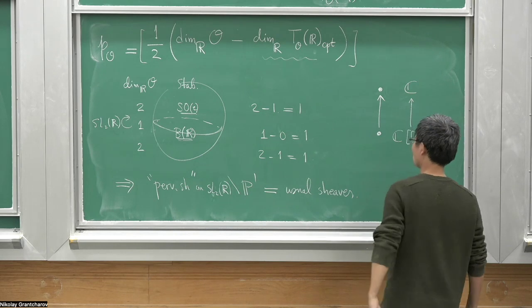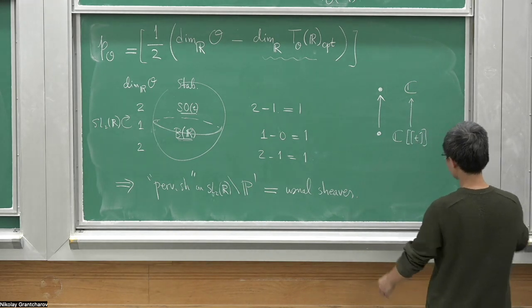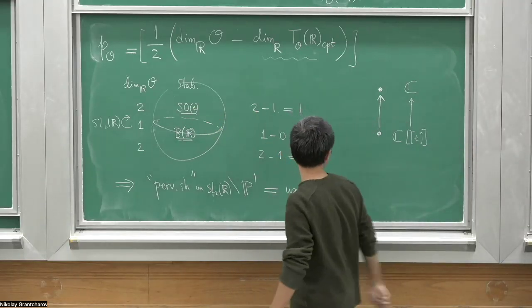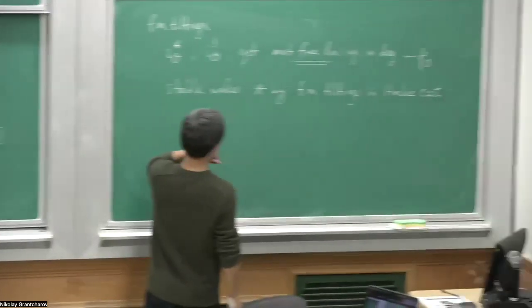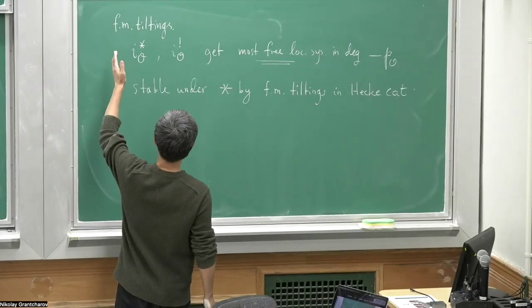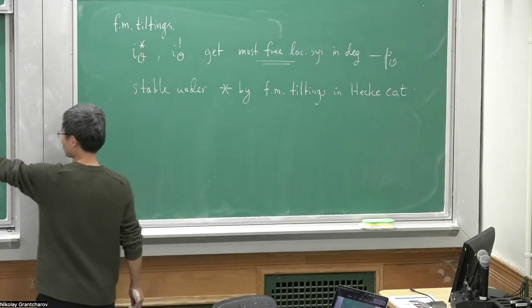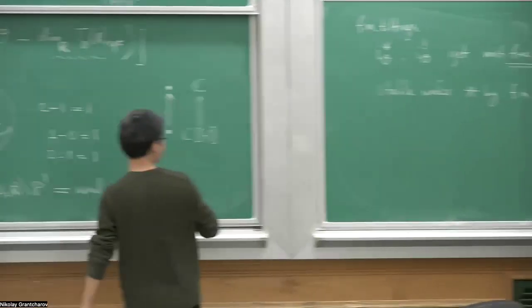Similarly, you have one for the lower hemisphere. And you also have the one just concentrated on the equator. Those are the free monodromic tilting sheaves. Every such thing is a direct sum of indecomposables.